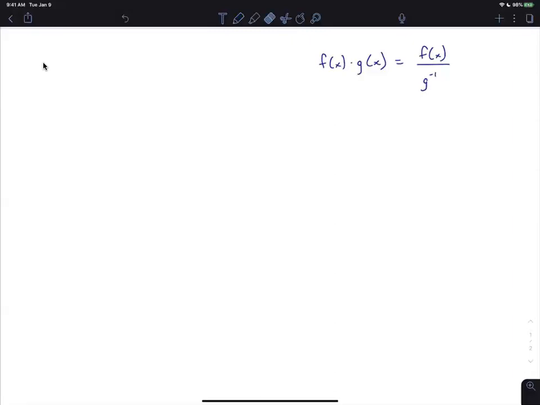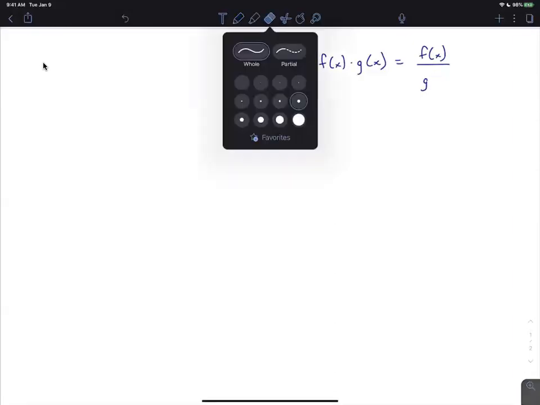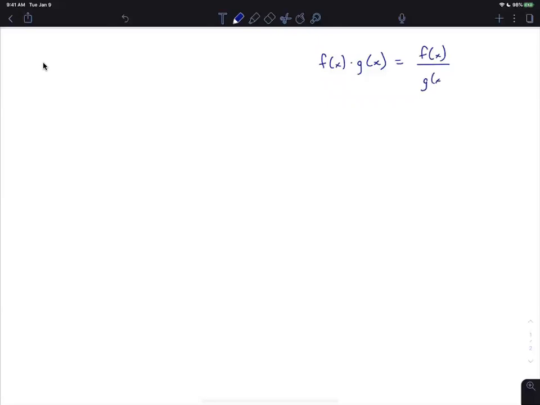Let's not write it that way, let's write g of x to the negative 1. And so because of that property, you can rewrite the quotient rule in terms of the product rule and vice versa. So what we're going to do is reverse the product rule, and integrals that we can do because of that are going to cover any of them that we could do by reversing the quotient rule.